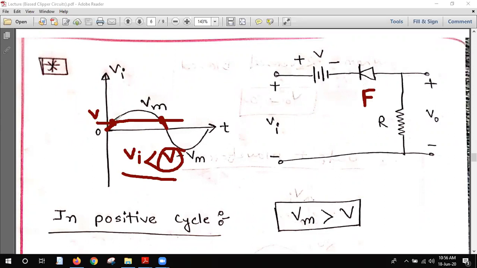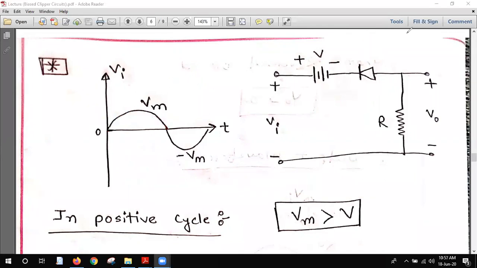And in this portion of the input, VI is greater than V. So for that, it will be reverse biased. Am I clear? So I think it is clear how VI and V will be greater or less than each other.